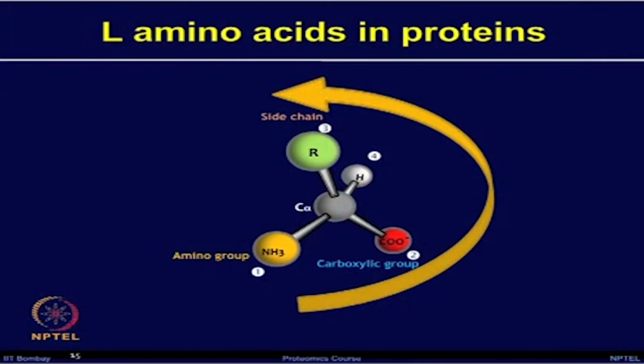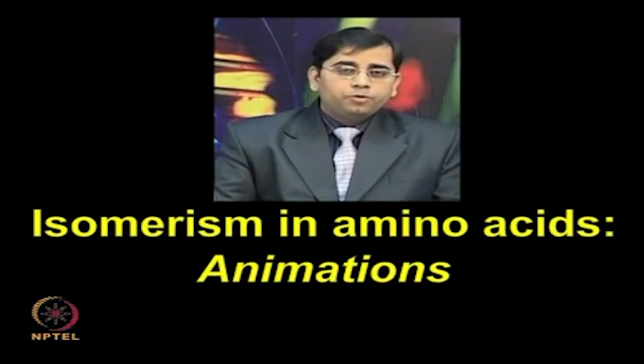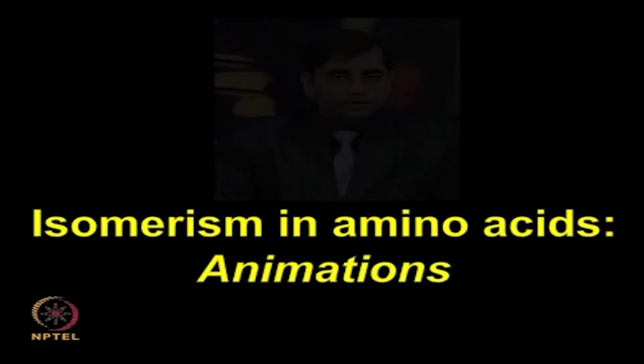All the L amino acids have S configuration, which describes the counterclockwise direction as shown here from highest to the lowest priority groups, which is indicative of a chiral center with the S configuration. Some of the isomerism properties of amino acids will be discussed in the following animation.